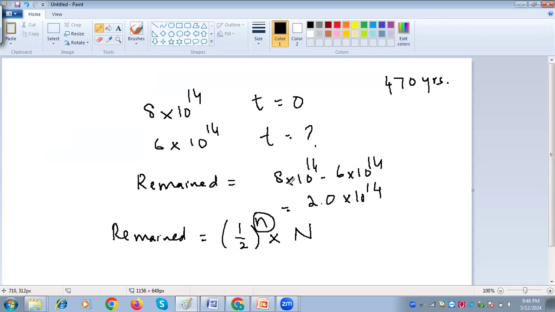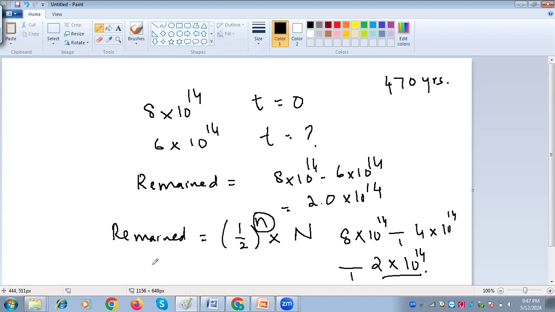We will check. From 8 into 10 raised to the power 14, what is half? 4 into 10 raised to the power 14. One half-life has gone. In another half-life, 2 into 10 raised to the power 14 atoms remain. So how many half-lives are there? 1 plus 1, 2 half-lives.